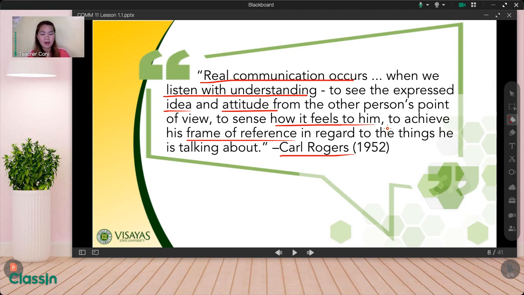We can actually receive lots of messages, but the intention is different. The message might be positive, but the intention is actually negative. So we have to know that it's more than just receiving, it's evaluating the message that we receive. We have to know the idea, also the attitude of the person speaking, how it feels to him.